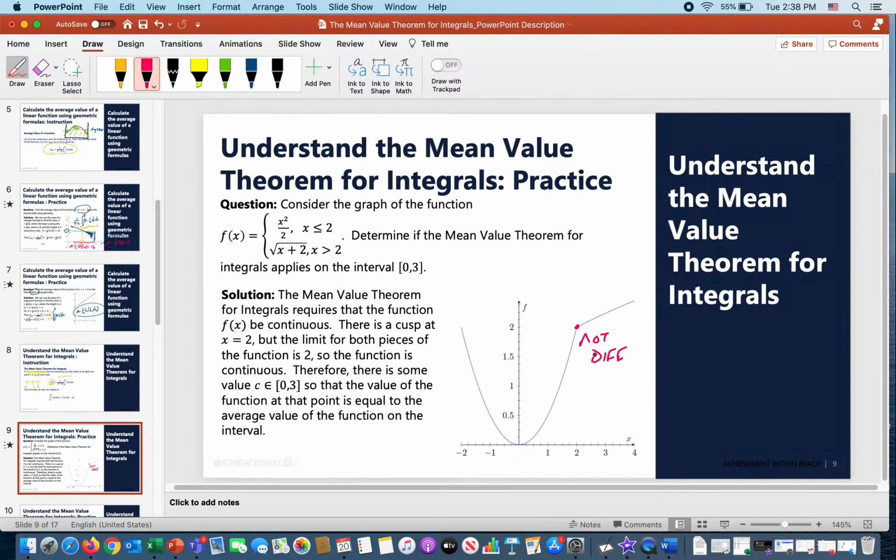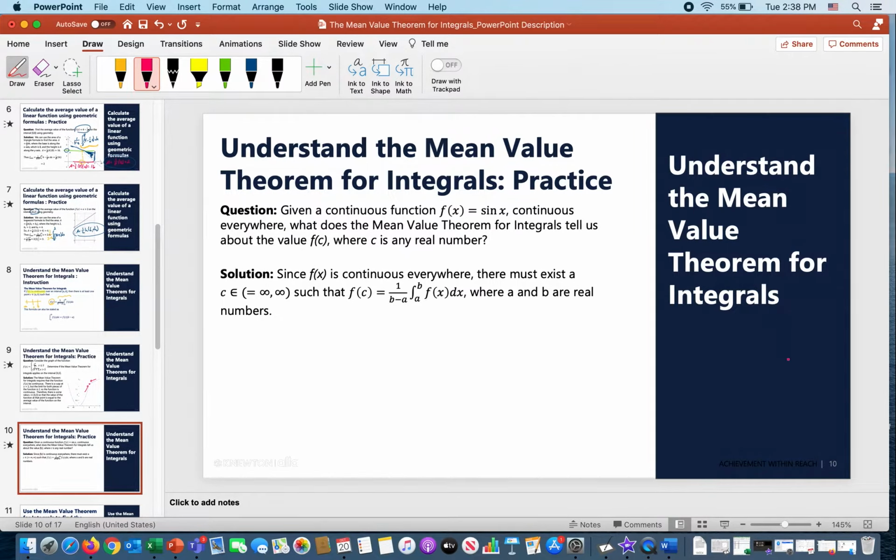However, our theorem didn't say anything about it being differentiable. It just said that the function needed to be continuous. And so if I find the limit from the left and the limit from the right, I see that they're equal, and I can see that the limit equals the function value. So yeah, this theorem would apply.